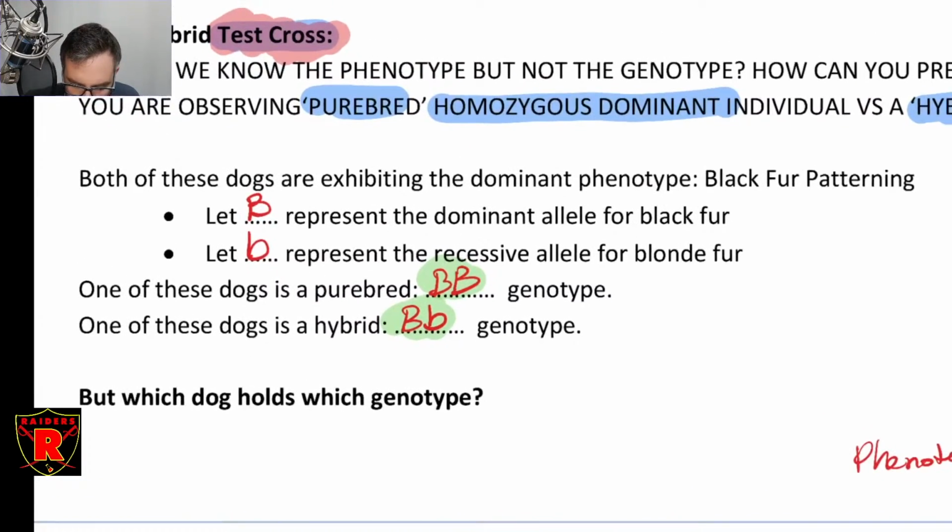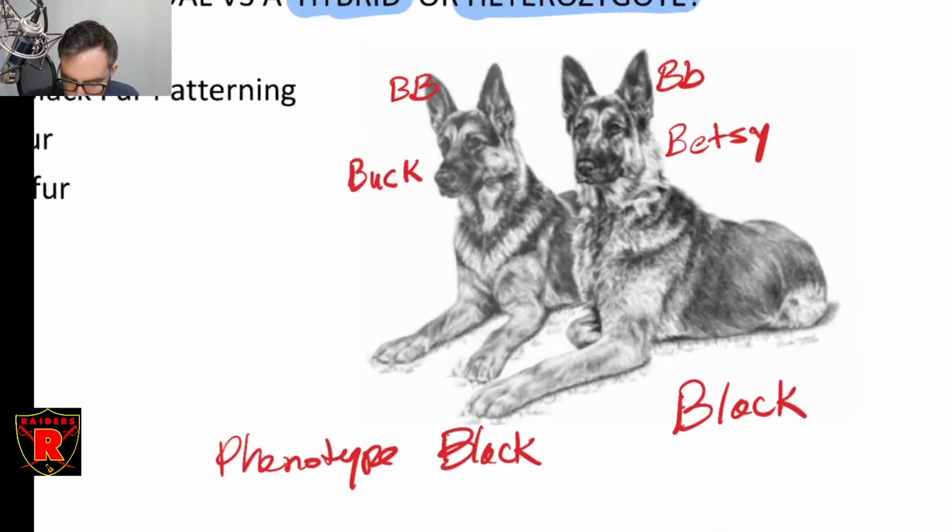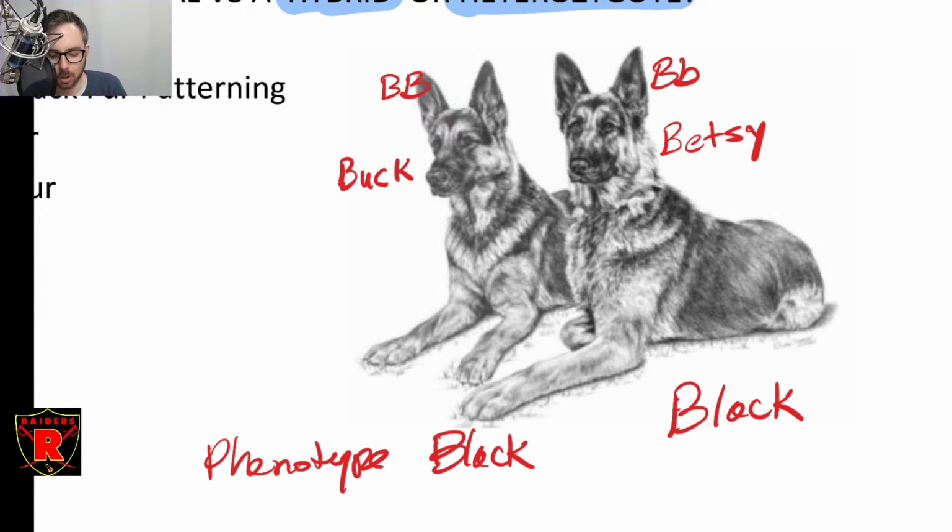Okay, so I have two dogs. I'm going to propose a scenario. One of those dogs, I'm going to call him Buck, is a purebred for coat color, and let's say that for these coat colors, black is the dominant. They're both black, but one of them is a heterozygote.